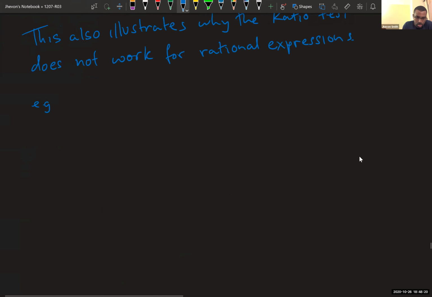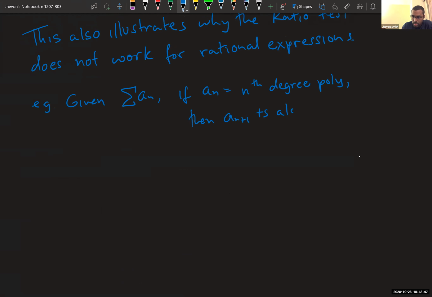For example, given a series a_n, if a_n is a polynomial, let's say an nth degree polynomial, then a_(n+1) is also an nth degree polynomial.